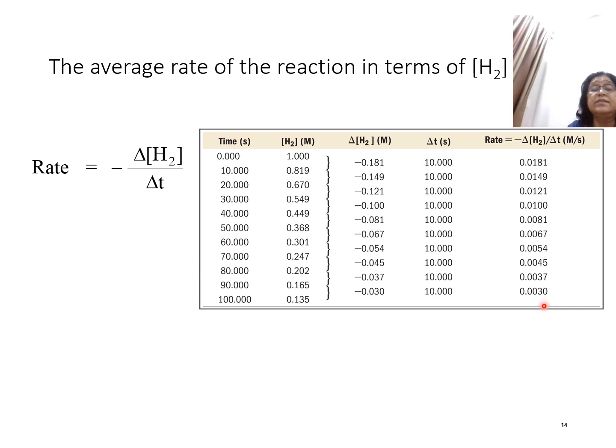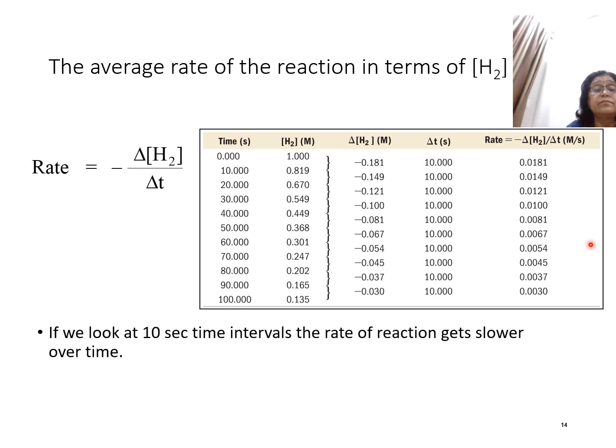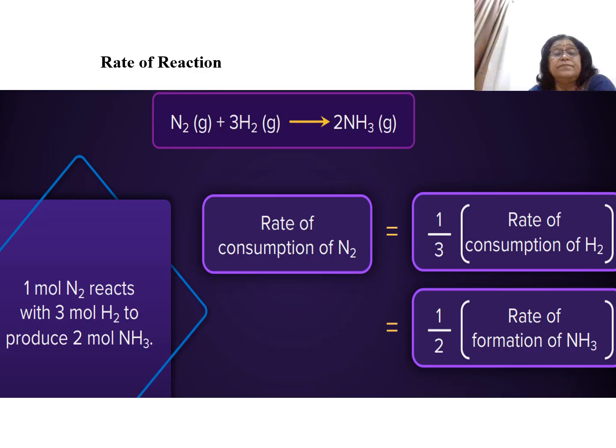So there is a decrease in the concentration of reactants, and hence a decrease in the rate. If we look at the 10-second time interval, the rate of reaction gets slower. But later on you see the rate of reaction decreases faster.